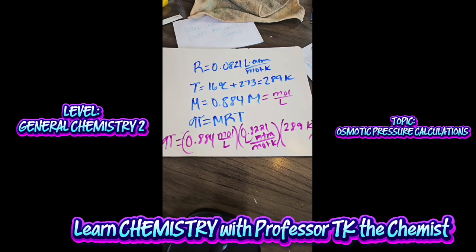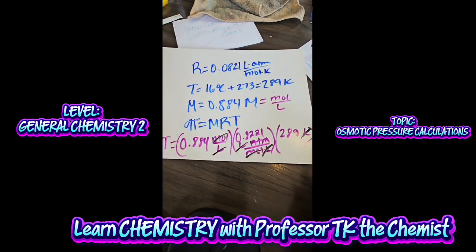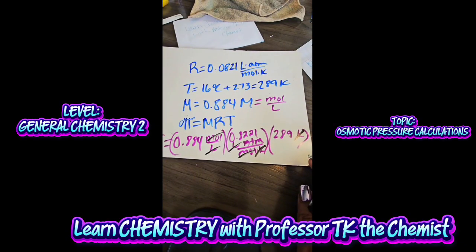All right, because the only thing left is to cancel out our units. Moles, slash away. Liters, slashed away. Kelvin, that gets slashed also. So what's left over is atm.